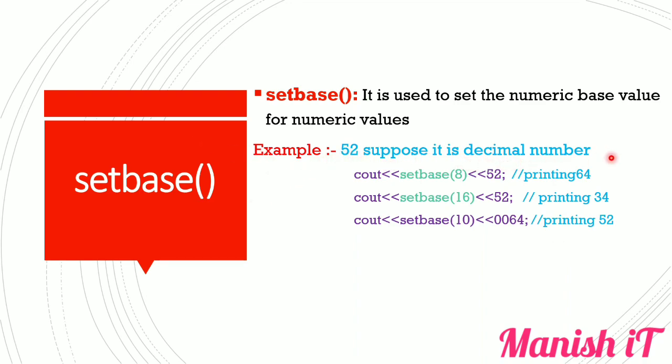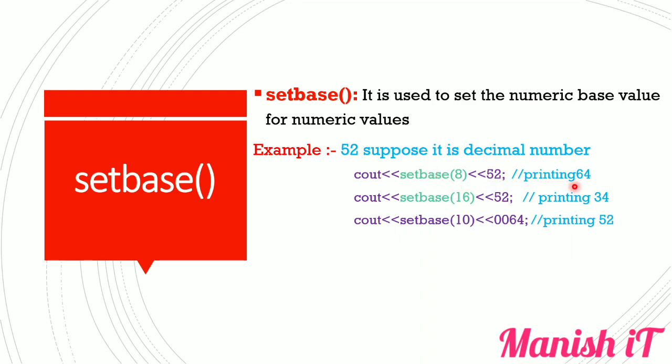Suppose it is a decimal number, and we have to write our logic like cout setbase, and inside the setbase function we have to pass 8. It means what? I want to print the octal number of 52. So whatever number we want in octal, that number is written here.